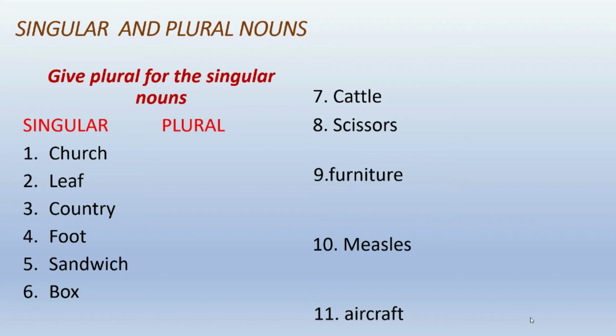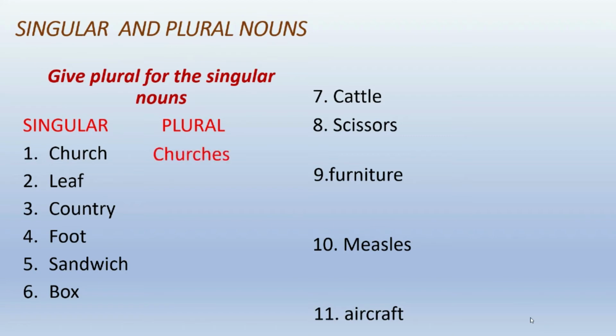But children, before that, do you remember we have certain rules for creating the plural form based on their endings. Now here, based on the ending of each word, we will give its plural form. So shall we start? Church. Church is ending with ch, means it takes an es.